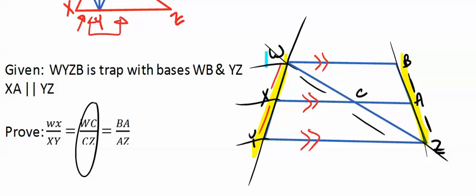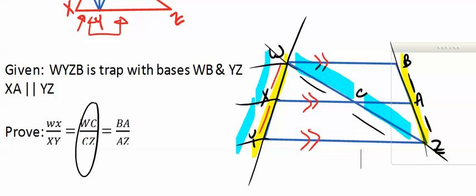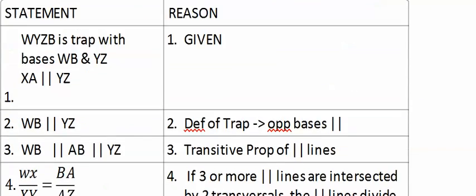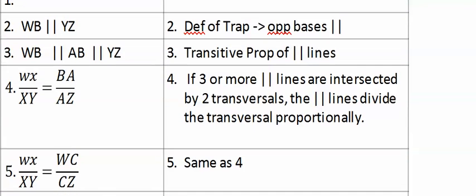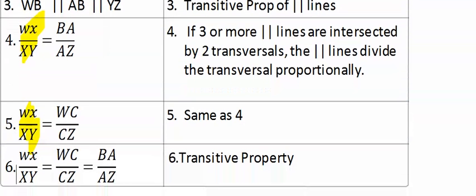And that would be this, and then this transversal. And since they're both proportional to the same two segments, what we can do is we can set them all equal to each other based on the transitive property.